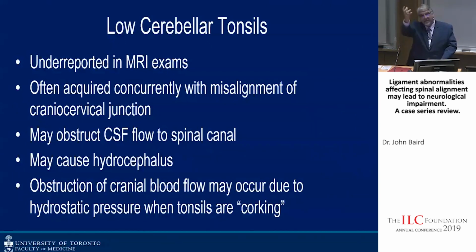You just pull it down and the thing comes down. So it can obstruct the CSF flow and it may cause hydrocephalus. And we saw some examples of what hydrocephalus looks like on the CSF flow studies. It can also obstruct the cranial blood flow because of the hydrostatic pressure that builds up when the tonsils are corking or blocking the flow of CSF. If the heart can't displace the CSF, it can't get blood into the brain.